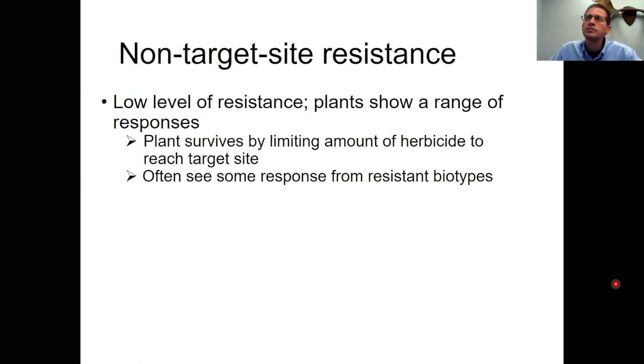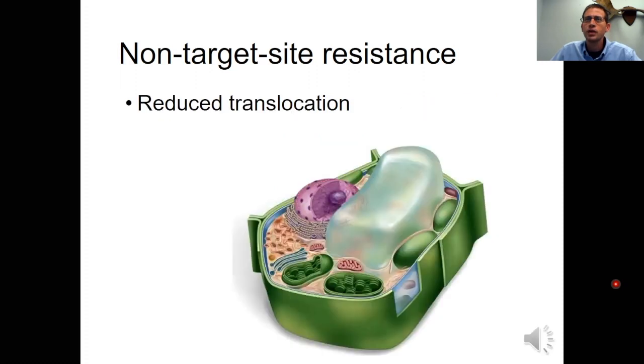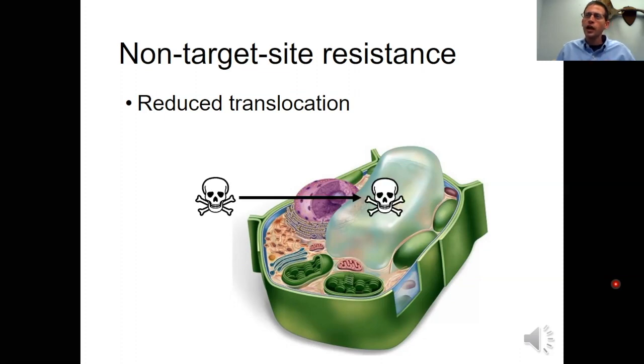We will often see some response from resistant biotypes. For example, non-target site resistance may involve reduced translocation, which is simply the herbicide being translocated into the vacuole, where it's again sequestered from that target site or broken down by that vacuole.